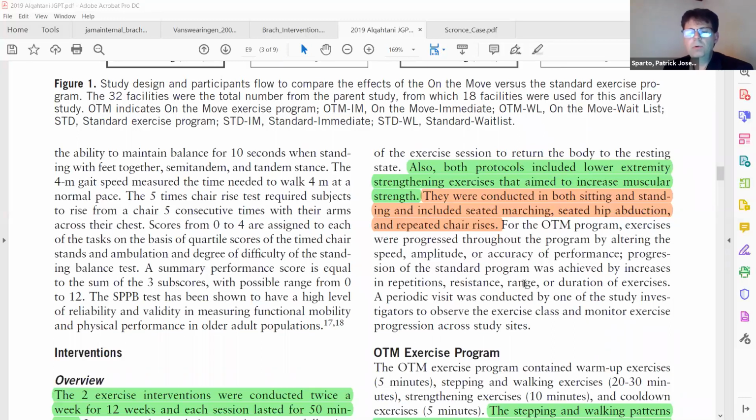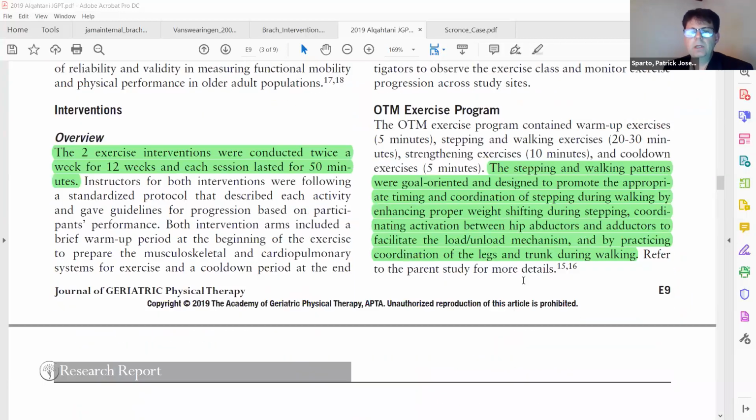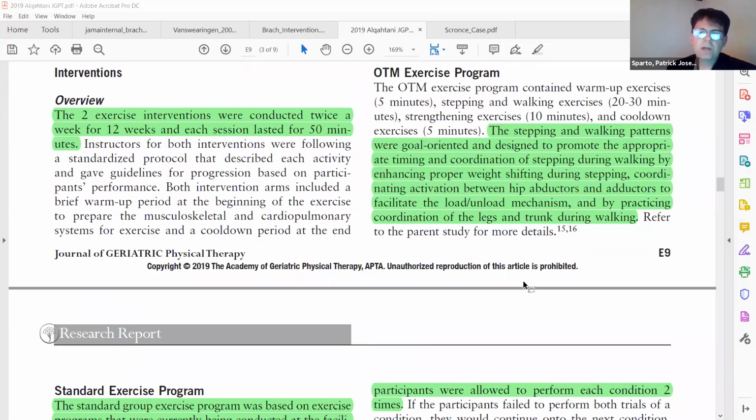Where the two programs differed is first talking about the on the move exercise program, and you can see the amount of time devoted to each segment of the intervention. Warm-up exercises were 5 minutes. The stepping and walking exercises were 20 to 30 minutes, followed by strengthening exercises for 10 minutes and cool down.